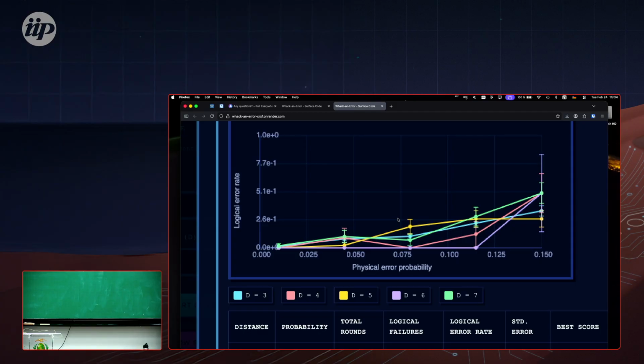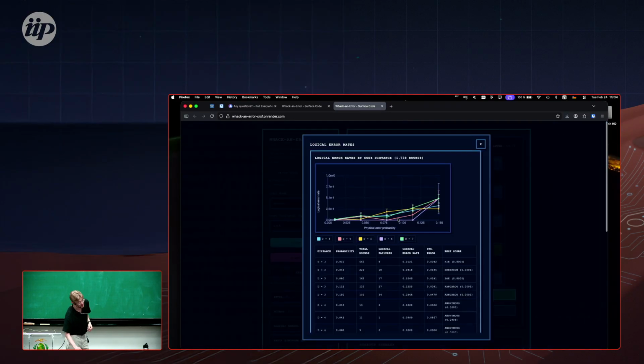And for example, here, distance 6 or distance 7, they lie below, as we would expect from a good decoder that performs as we expect, that it can correct the right number of errors. But as you can see, it's not so easy to find the minimum weight solution, especially if you don't try.